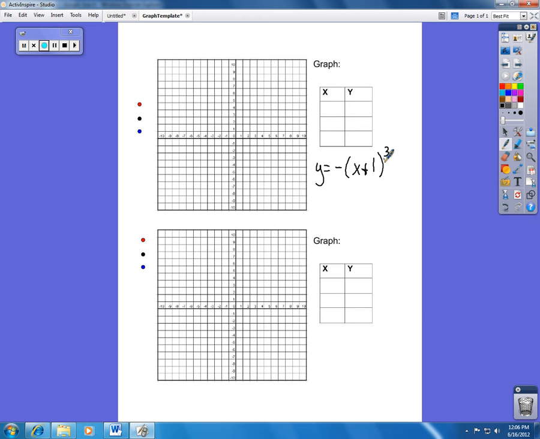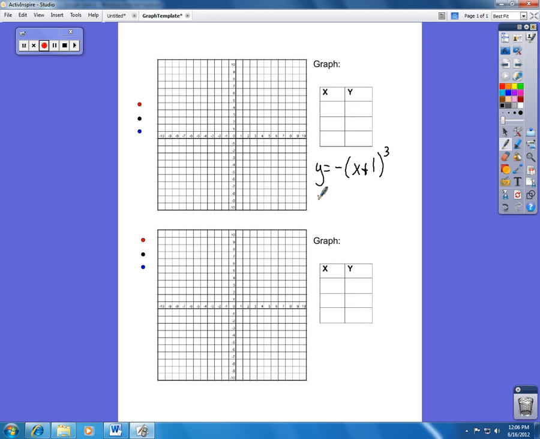So since that's a cubed, my original function was x cubed, which again is shaped roughly like an S. So now you just have to look through and identify your rules. For this one, we have a negative sign out in front of the function. So for that one, we're going to do a reflection across the x-axis. That's rule number 7.